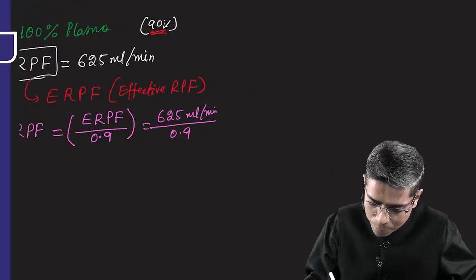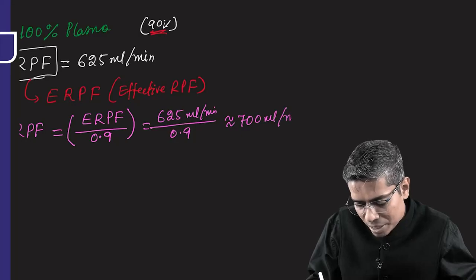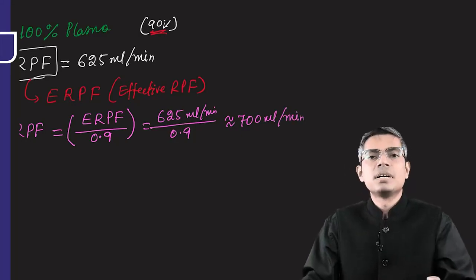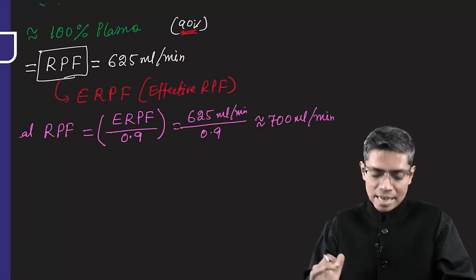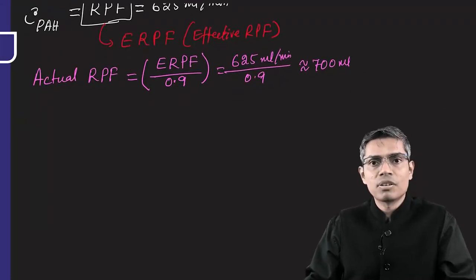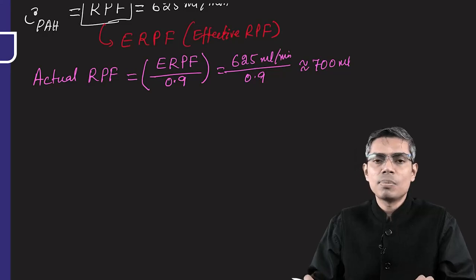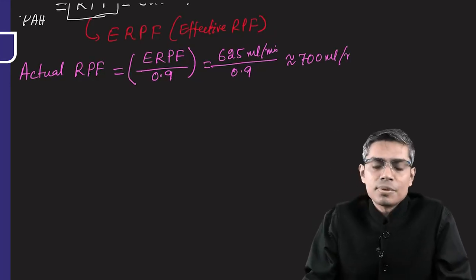So this will be approximately 700 ml per minute. Getting my point? So this way renal plasma flow is calculated. Whatever you are measuring with the help of clearance of PAH, that is effective. For actual conversion, divide that value by 0.9. So this way the renal plasma flow is measured.